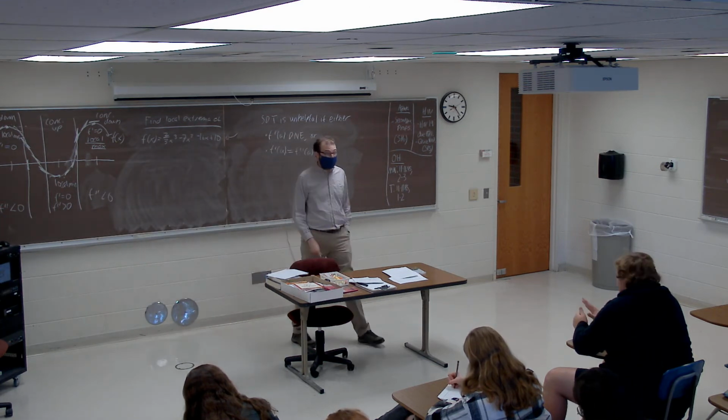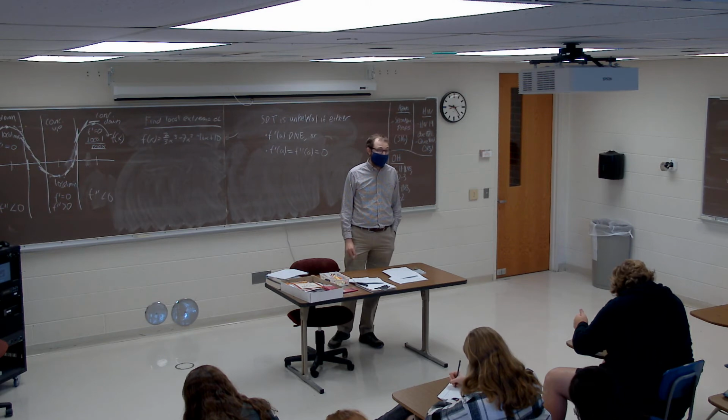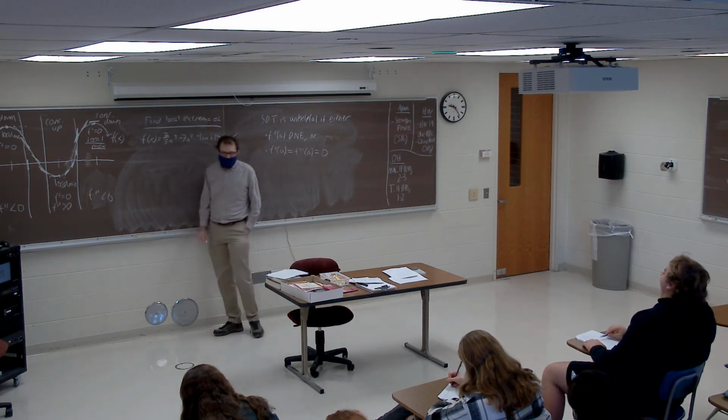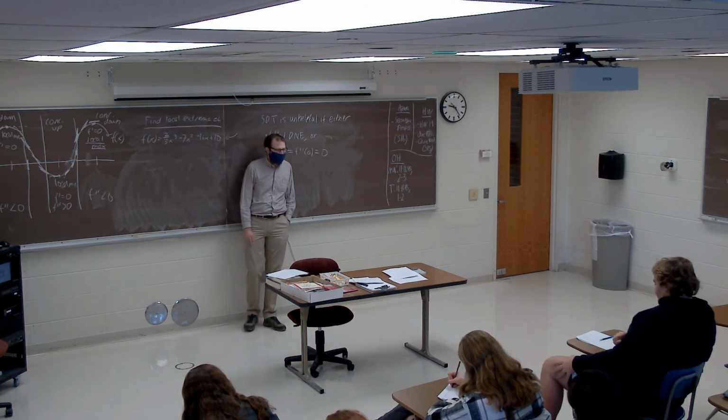And just like the progression we made in standard 15, this time I'm not going to give you a graph of the function. It's going to be up to you to determine where does this function have local max and or local min.